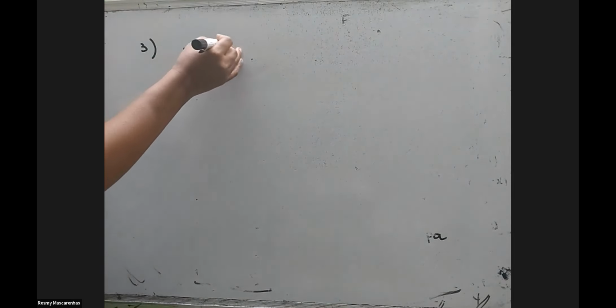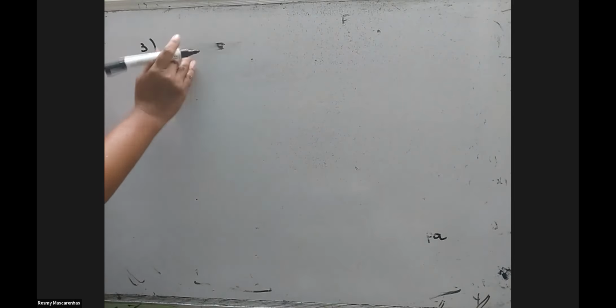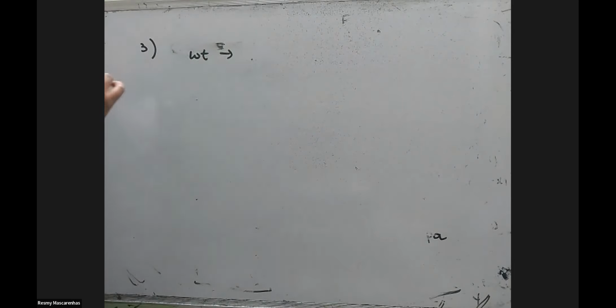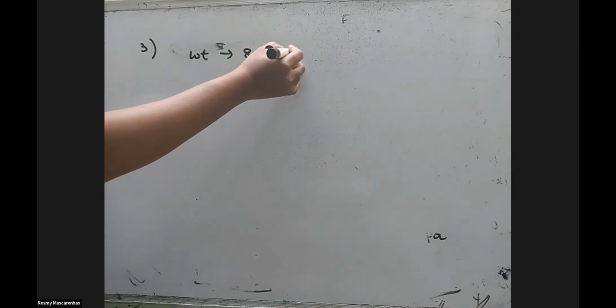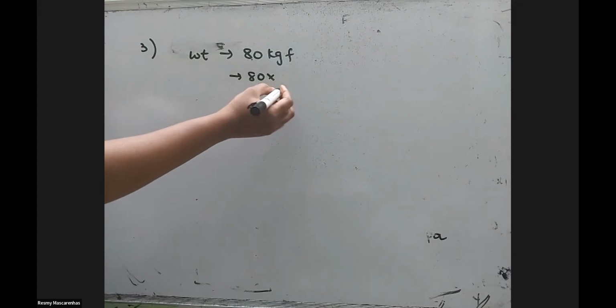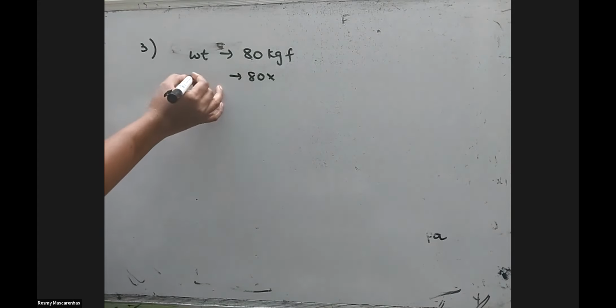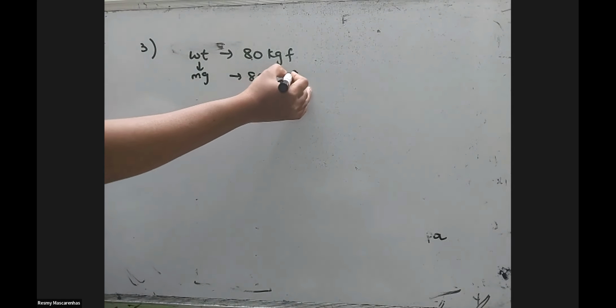Third one. Now mass is not given. Weight is given as 80 kgf. It means mg is directly given to you. Weight means mg, which is multiplied by 9.8.